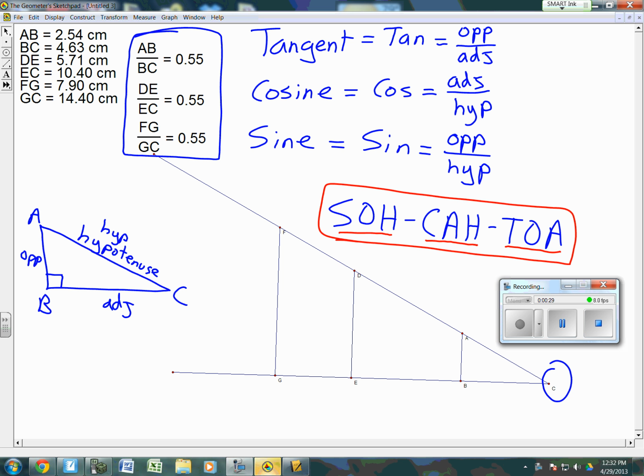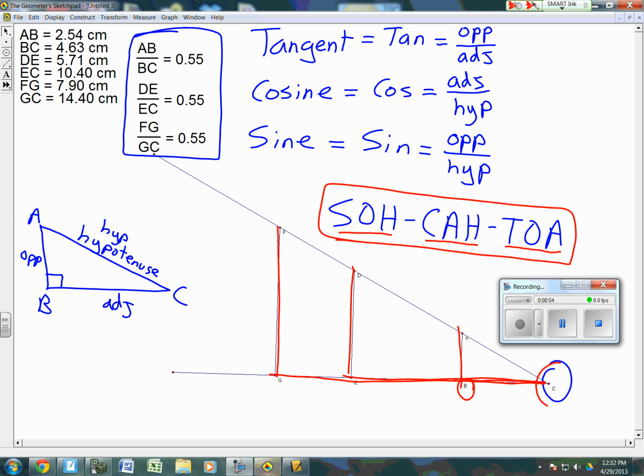When I created this little diagram down here, I did AB over BC equals 0.55. You'll notice AB divided by BC is right down here, this is B right down here. So AB over BC, and then I did DE over EC, and then FG over GC.